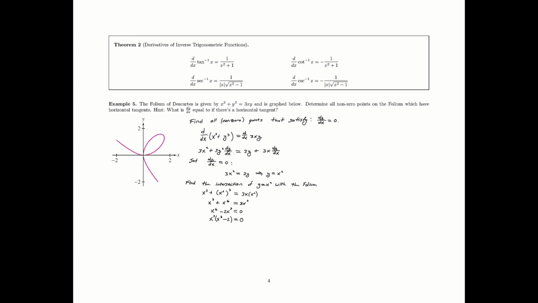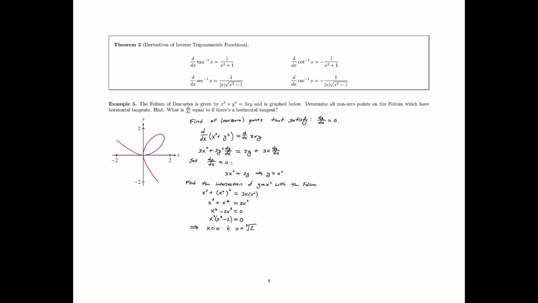Then we can just set each term of this product, there are two terms, equal to 0 and solve. The first term, set equal to 0, yields the solution x equals 0. And the second term here yields the cube root of 2.